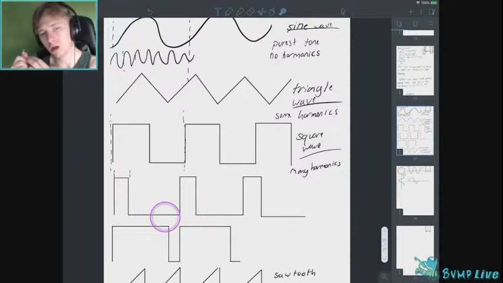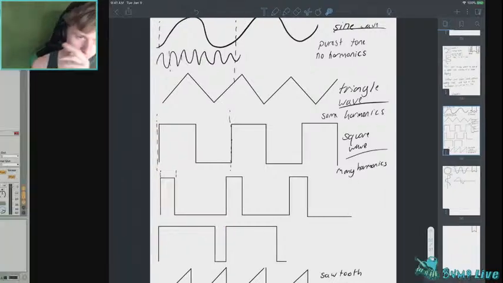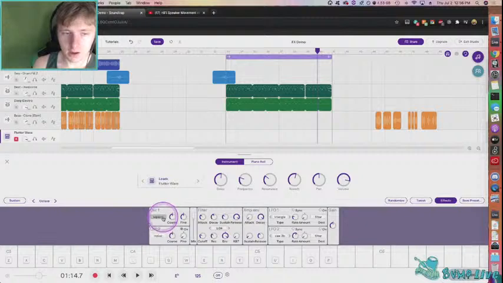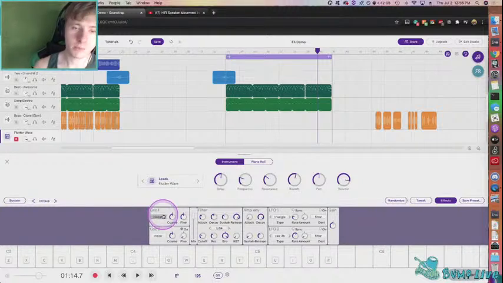The amount of time it's on could be increased, or the amount of time it's off can be increased, vice versa. And unfortunately, we don't have an option to do that here in Soundtrap, but it's just square. You don't have like square 75% on, 25% off. Other synths do.